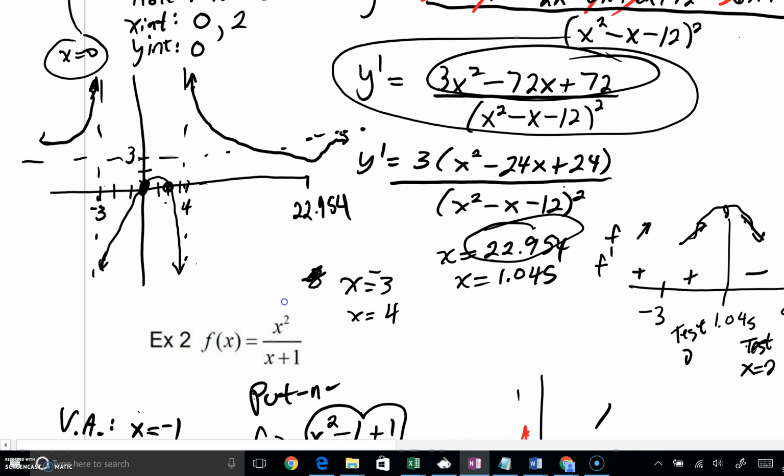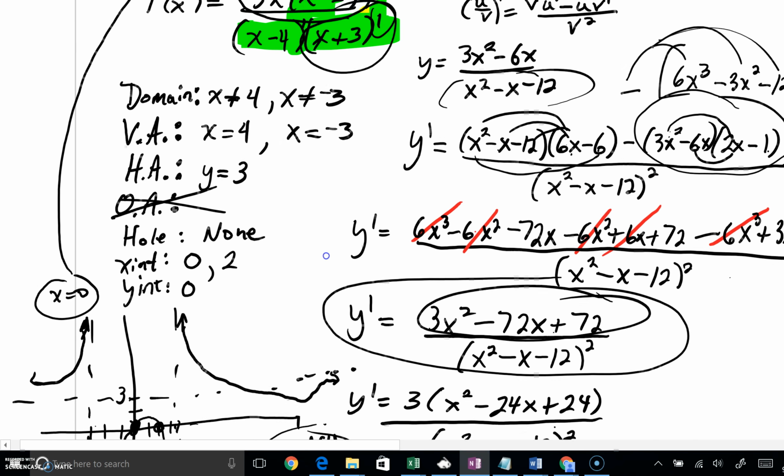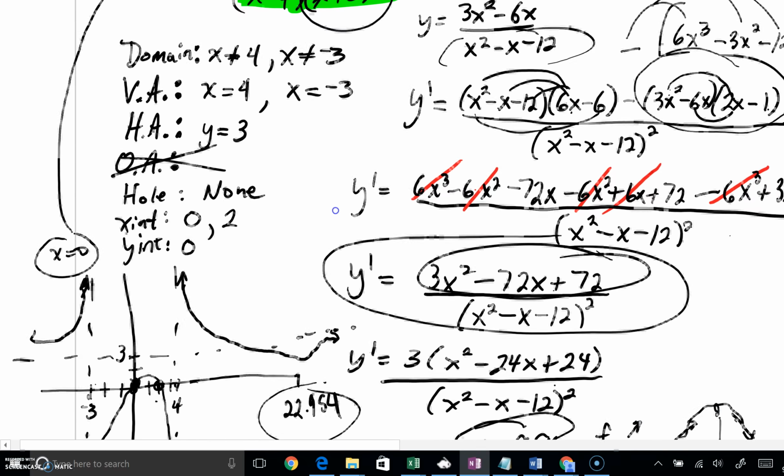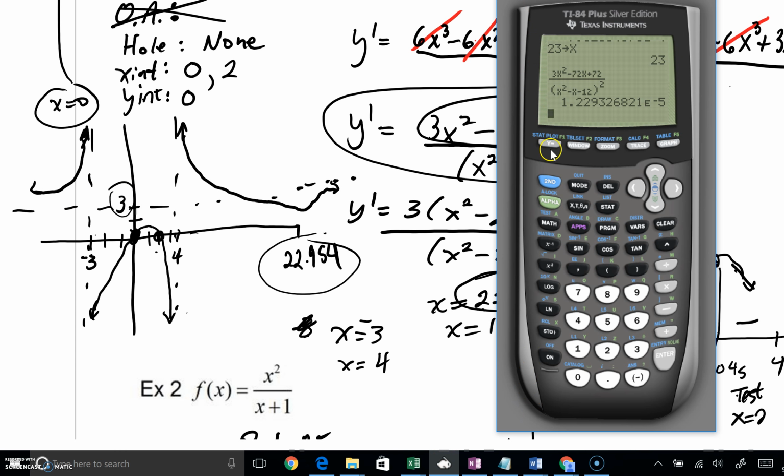You could get confirmation that it does, though. It's definitely something that you can validate. You can plug in that 22.954 into the original function to find what that minimum value is. It's going to be awfully close to 3. By the way, what we did in class, you can see we actually typed that function out.